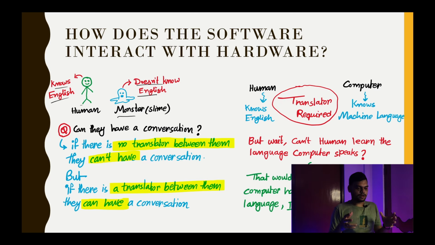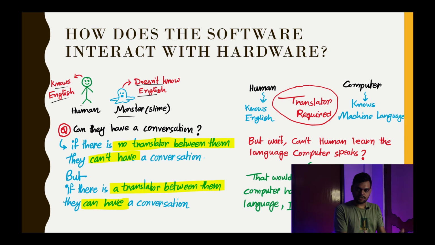So let's think of me talking to a monster. I know a little bit of English, and the monster doesn't know English at all. So I am trying to make a conversation with the monster. Can I do this?